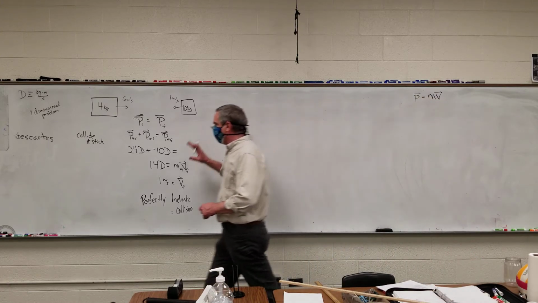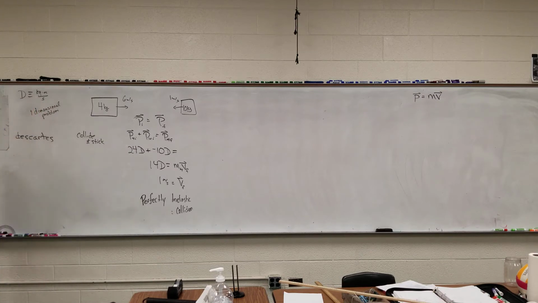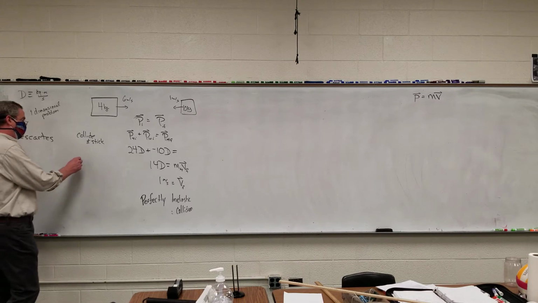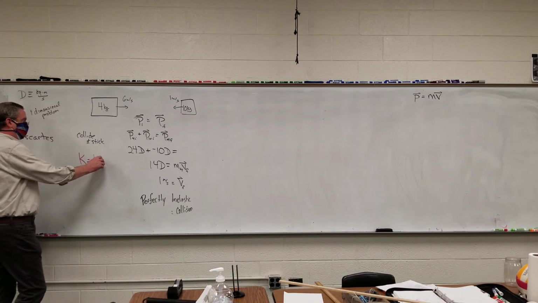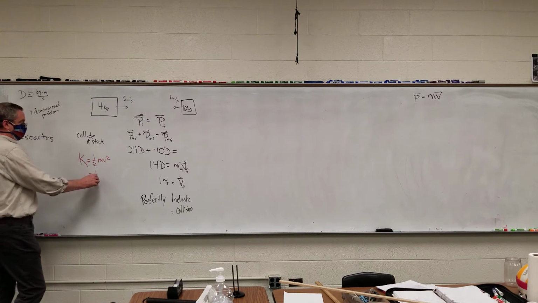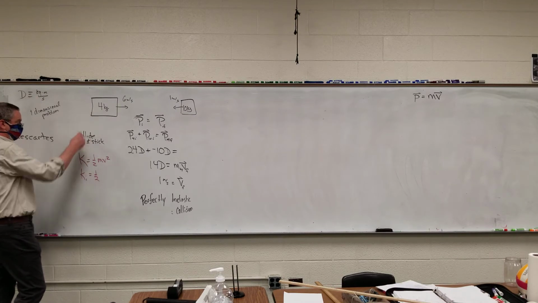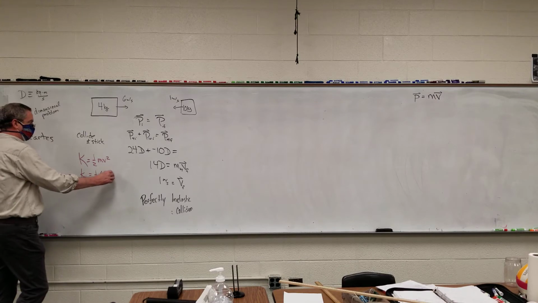All right, while we're here, let's take a look at the energy. There is no change in potential energy. It's all traveling on the same plane or in a line. Plus, there's no planet. It's a closed system, so it's only just these two objects. So I have kinetic energy. Initially, my initial kinetic energy for the 4 is 1/2 times 4 times 6 squared.